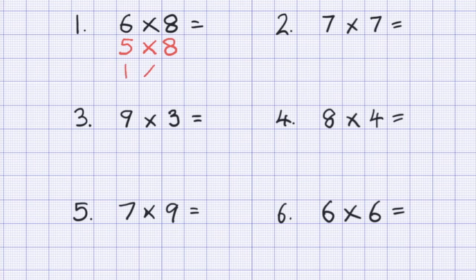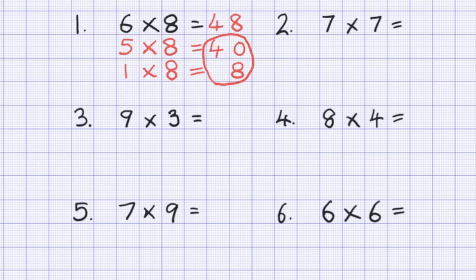So 5 and 1 makes 6. So 5 lots of 8 plus 1 lot of 8 makes 6 lots of 8. So we'd do 5 times 8. We know what that is. It's 40. We know what 1 times 8 is, 8. So we'd put these two together, add them together, it gives us 48. Okay, so 6 times 8 is 48.